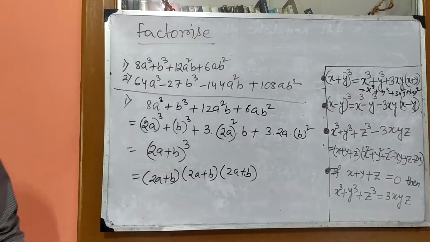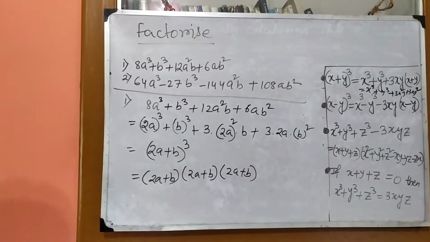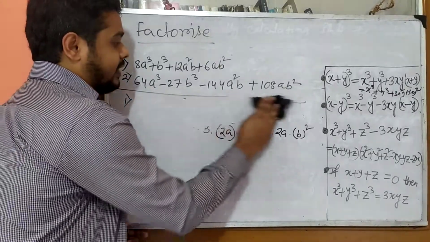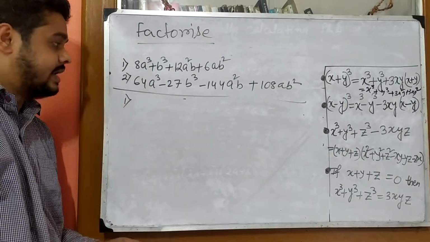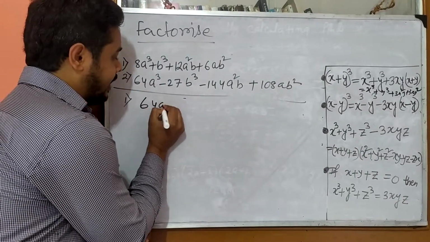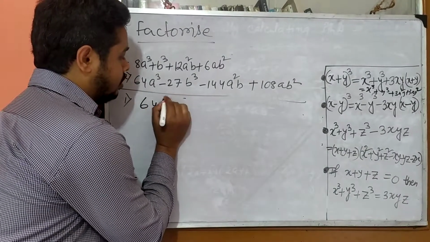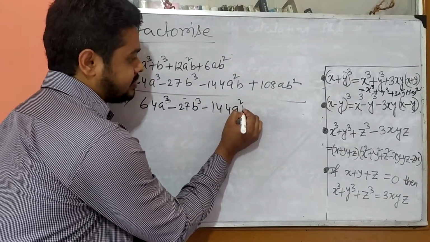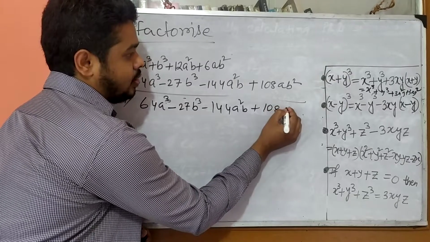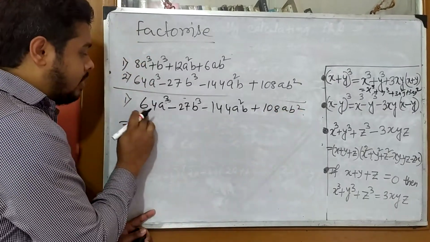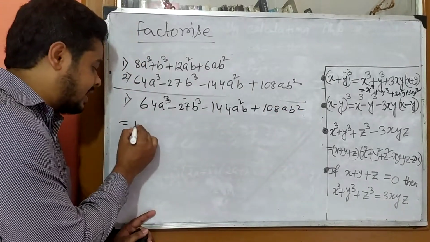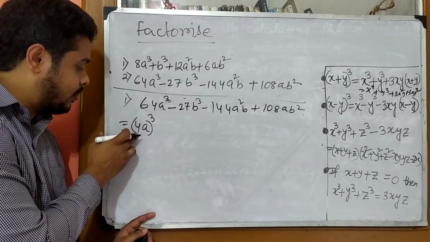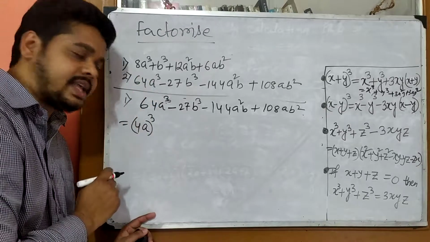Okay, now we are coming to the next problem. Again we have to factorize, the next problem is 64a cube minus 27b cube minus 144a square b plus 108a b square. Now 64a cube means we can write (4a) whole cube, because 4 cube is 64 and a cube is a cube.